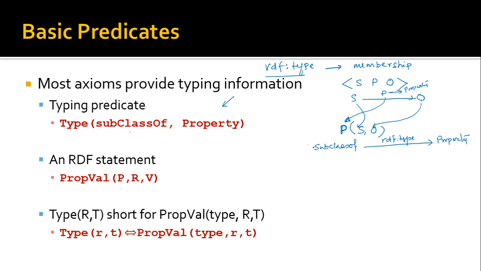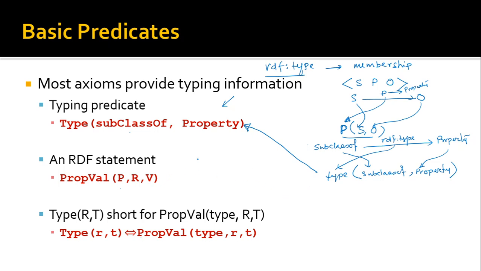By following this logic, we take type here, subclass of here, and take this part here to be property. You can see that we have got this.